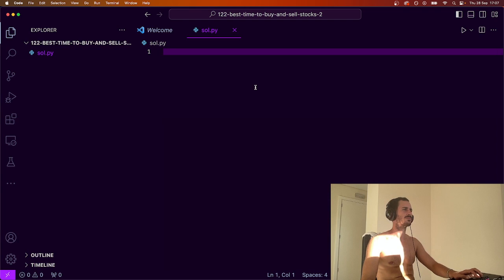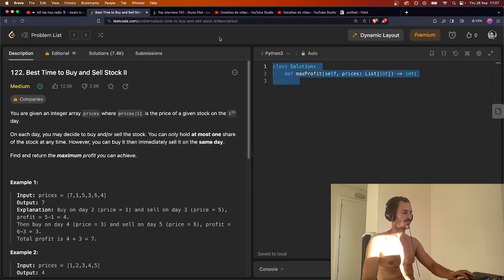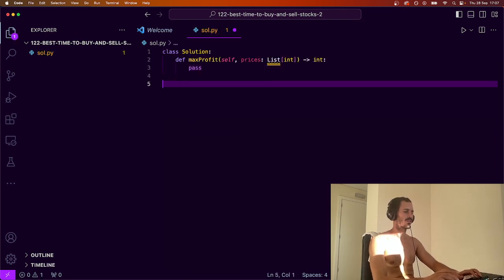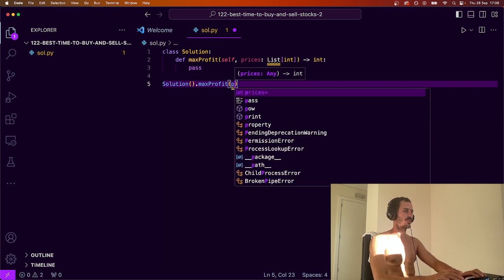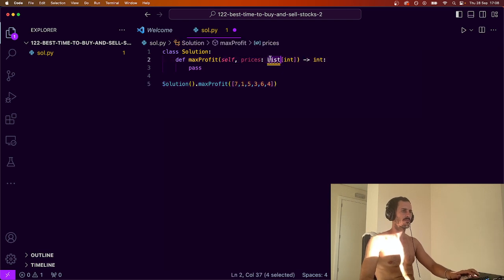Solution.py. And now, pass, solution, max profit, and what was the list?